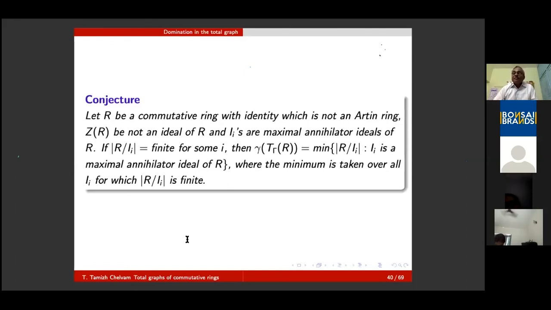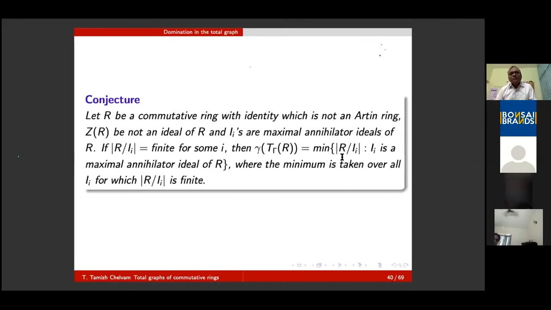The I's are the maximum annihilator ideals of R. If R by I is finite for some I, then you collect all those maximal annihilator ideals for which the quotient ring contains finitely many cosets. Then the domination number of T gamma of R is equal to the minimum of the number of cosets R by I, where I is a maximal annihilator. The minimum is taken over all possibilities, but still the conjecture is not proved.